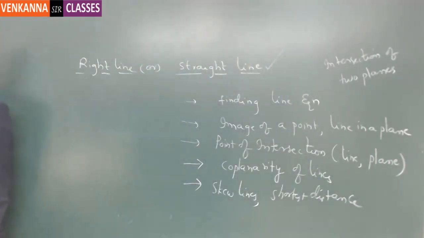So this is nothing but the overview of the whole chapter, right line. The key points we are going to give focus with regard to the examination point of view. It is nothing but the whole syllabus with regard to right line. Okay, take a note of that.